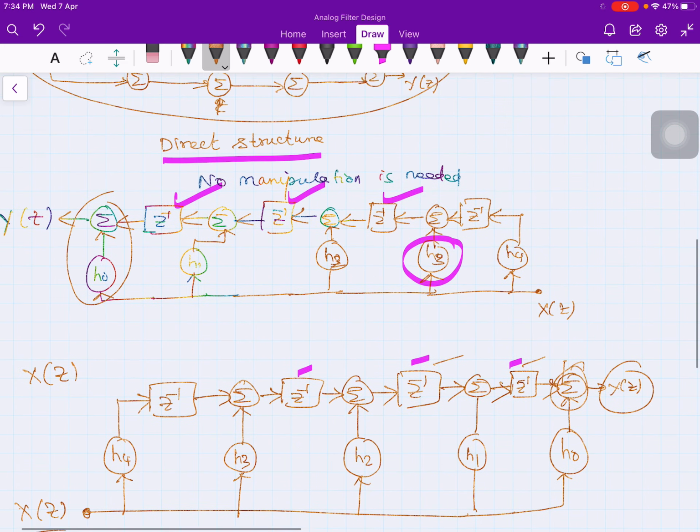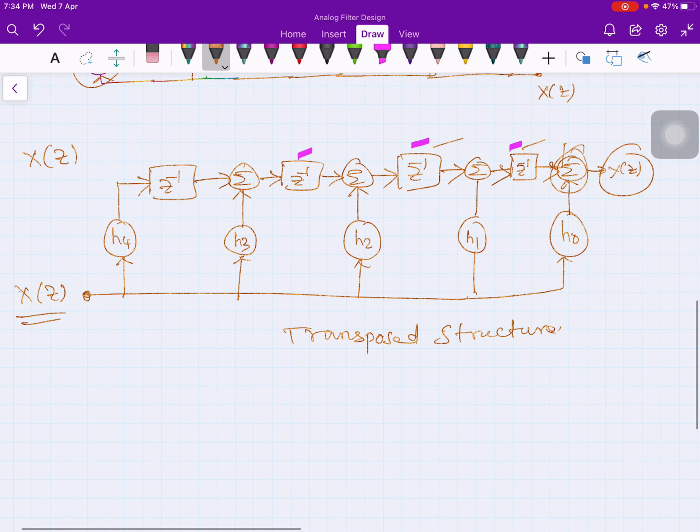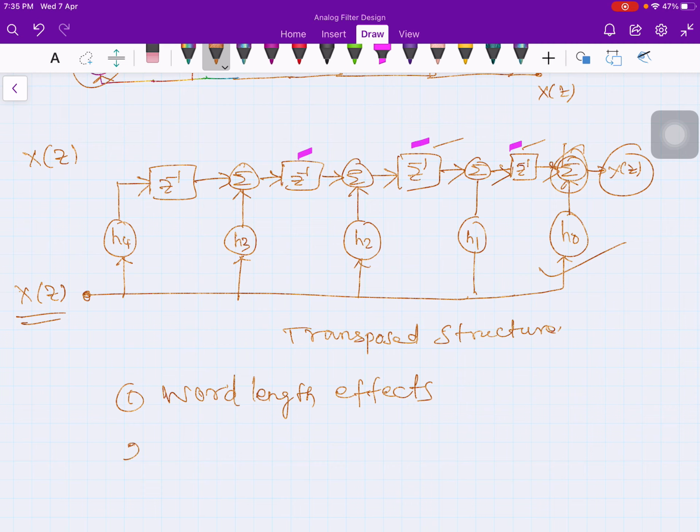Okay, the given structure and the transposed structure are both valid structures. They are valid structures in their own right, but in practical implementation the properties are different. As I said, the word length effect and one more property, truncation error, are different.